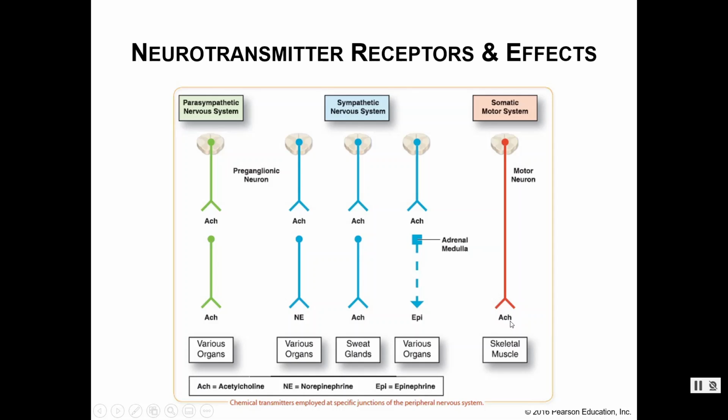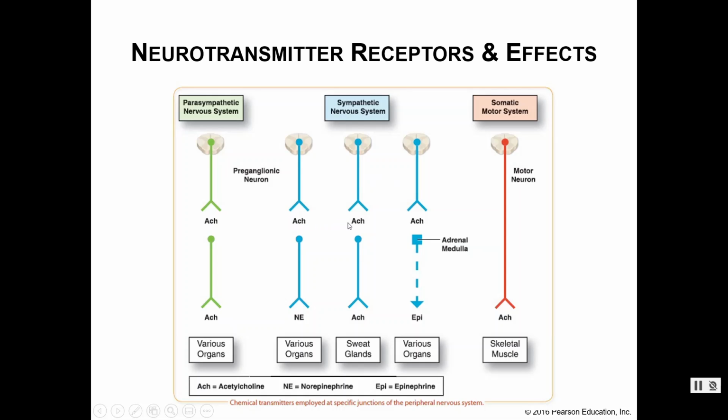Your parasympathetic nervous system, that preganglionic axon is always going to release acetylcholine. In fact, the postganglionic neuron is actually always going to release acetylcholine as well. But it's not always excitatory. Could be inhibitory.